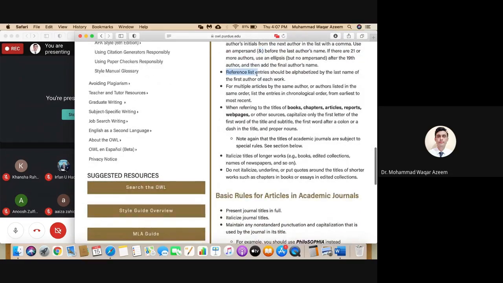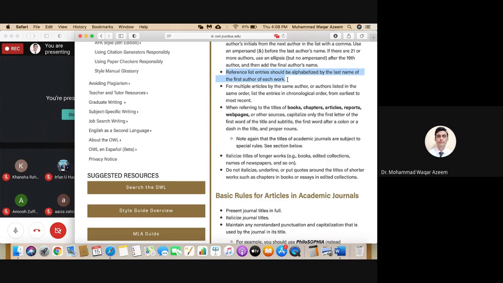Okay, let's move on to the next rule. Reference list entries should be alphabetized by the last name of the first author of each work. All right. So you might wonder, for the annotated bibliography that you are preparing, what order will you give to the entries?